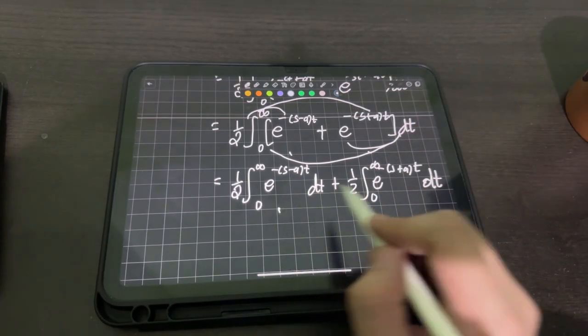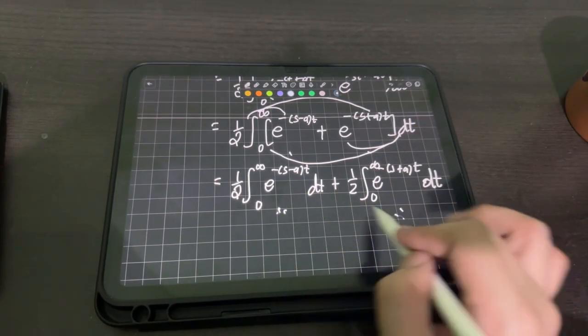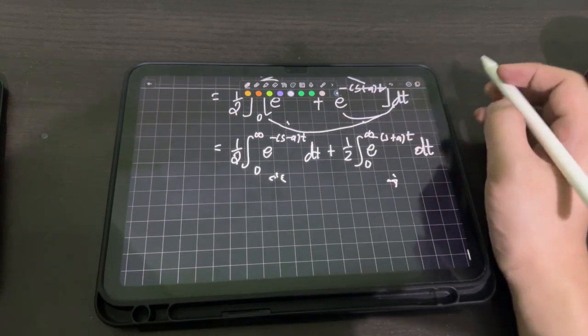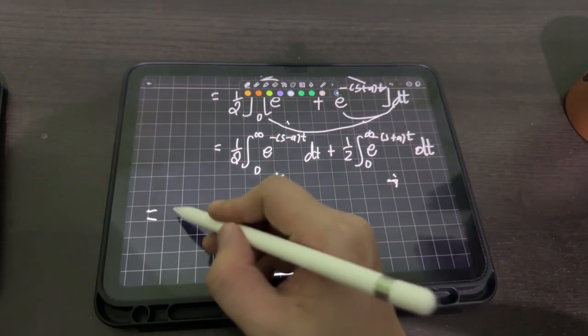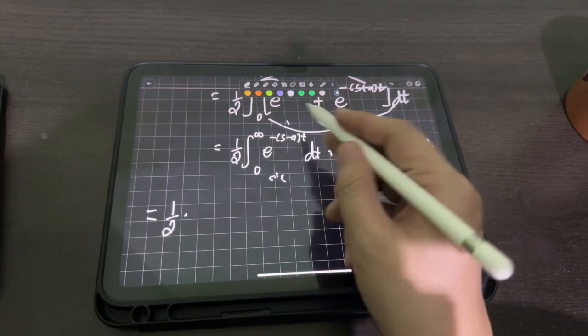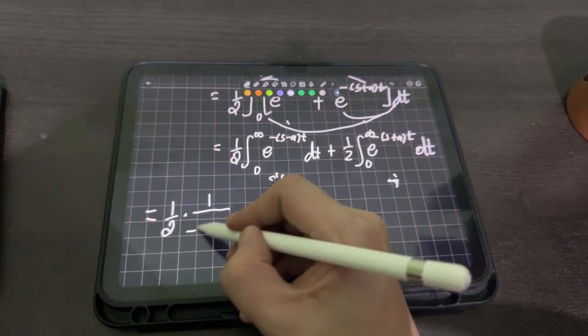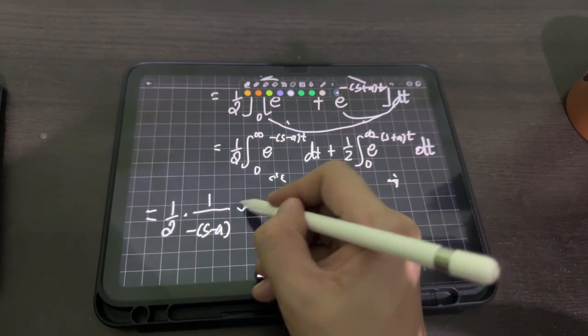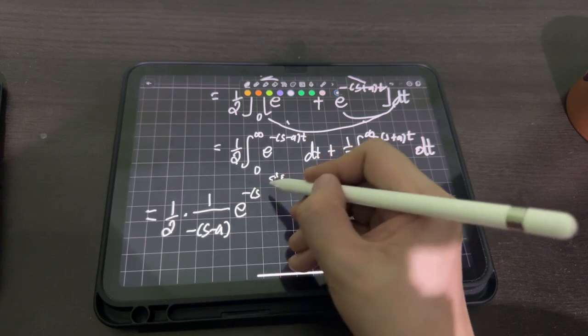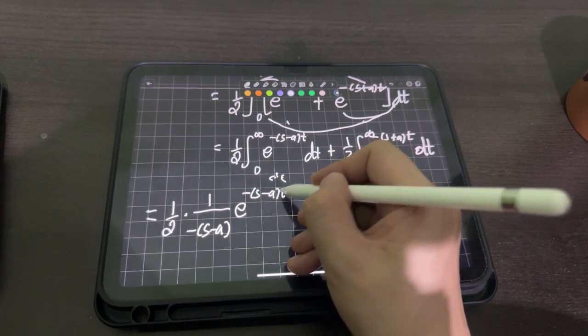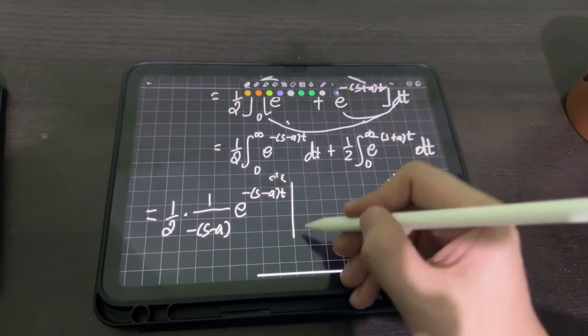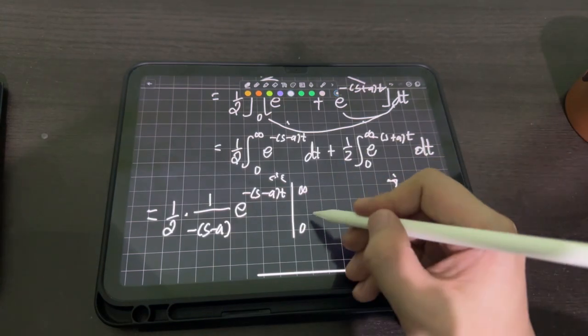So to evaluate this integral, it's just the same as on the previous problem for the sinh, right? So it's 1/2 times the integral of this, which is 1 over negative s minus a times e to the negative quantity s minus a, t, evaluated from 0 to infinity.